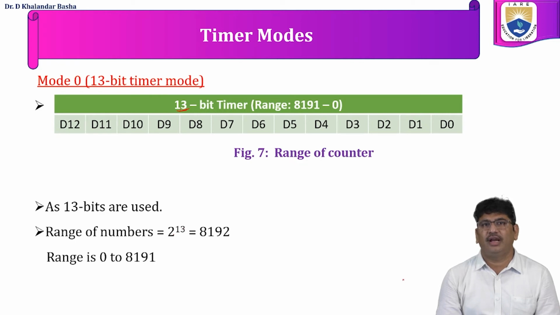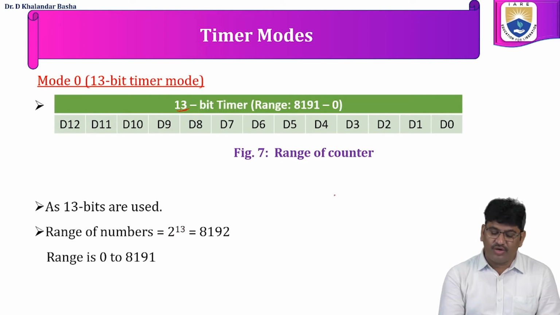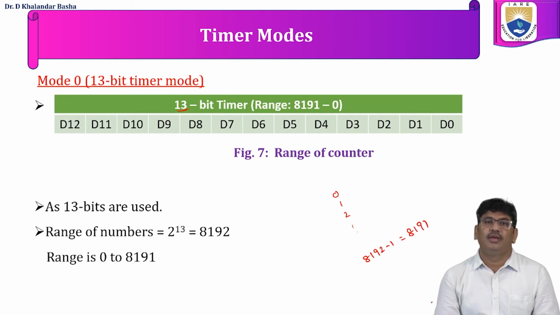If you are using time pulses, the maximum pulses it is going to generate is 8192. The counting always starts from 0, 1, 2, 3, like this. So the maximum count we can have is 8192 minus 1, which is 8191. So the count takes place from 0 to 8191. This is the range for mode 0.